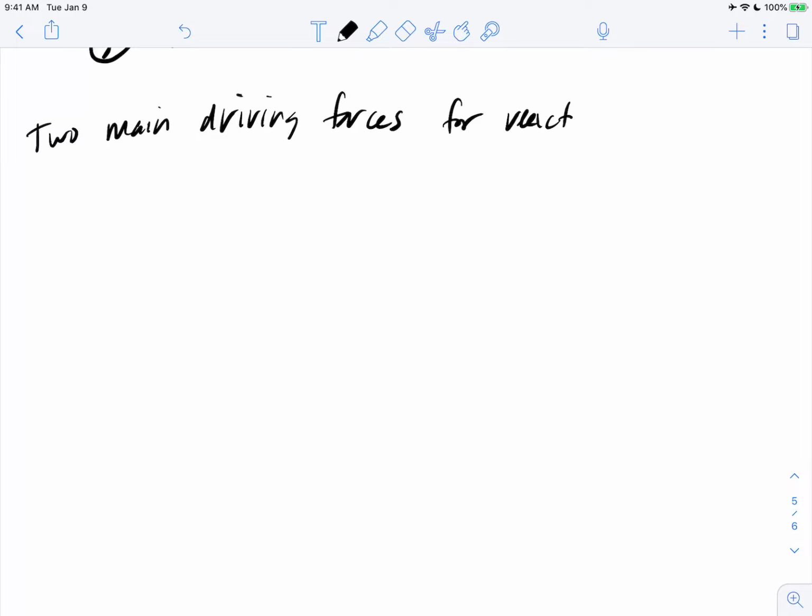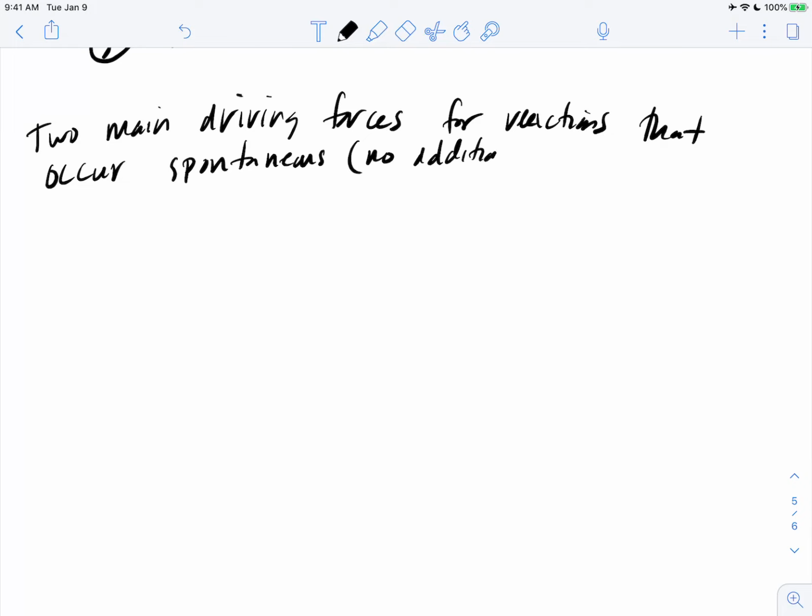For reactions that occur spontaneously, so this means no additional input of energy, there are the two main driving forces.